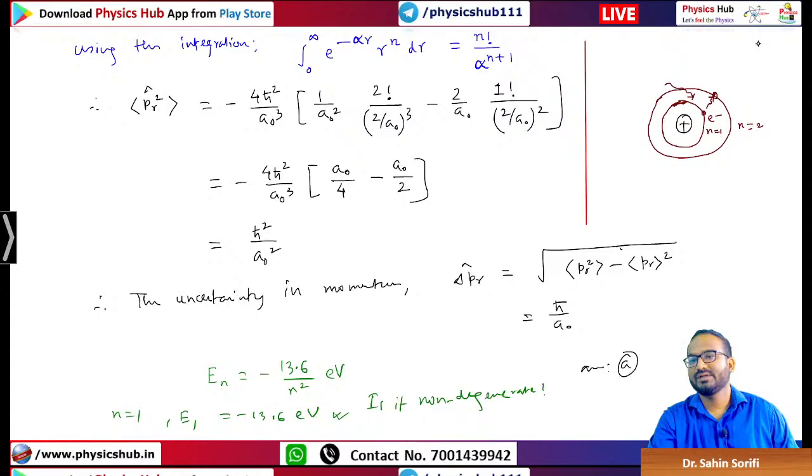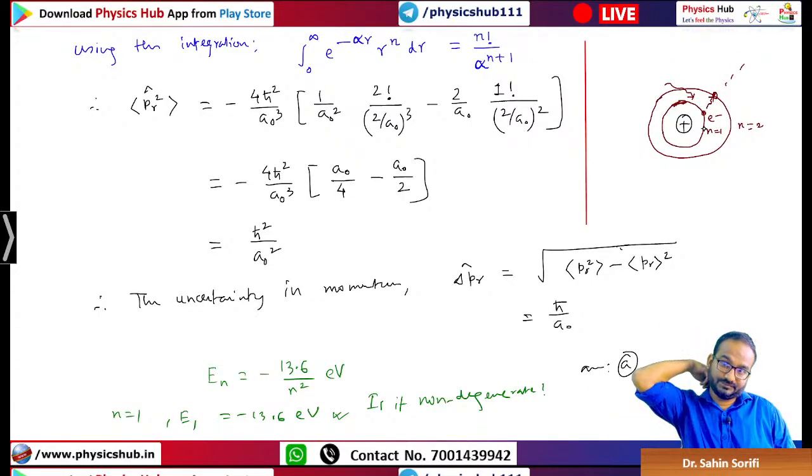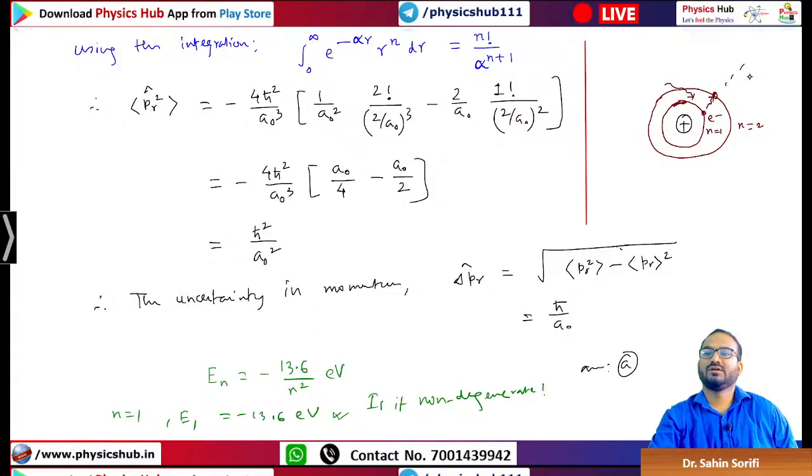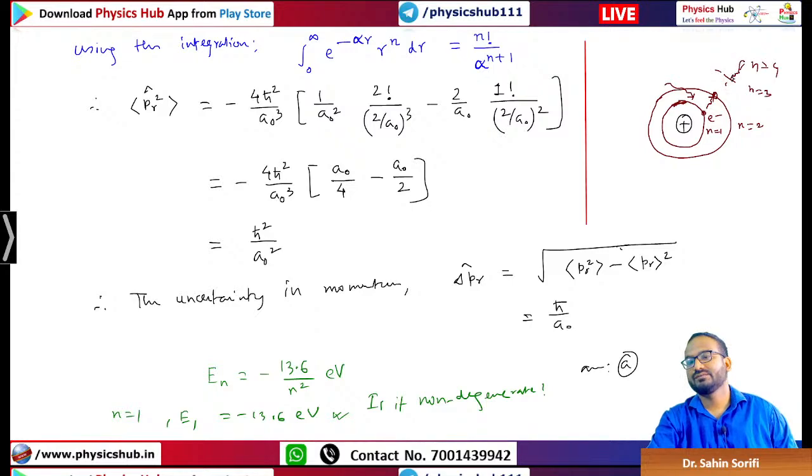Okay, so it can go up to indefinite level. Now, let's say if it is coming from n equals 4 to n equals 3, it will emit radiation, and that radiation is the characteristic radiation you see. Okay.